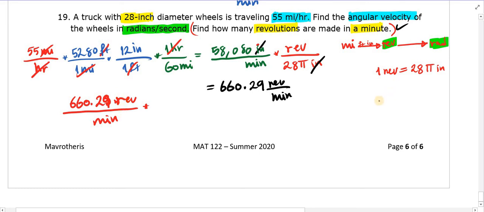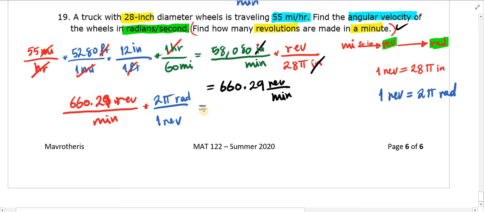So the question is, how many radians are in 1 revolution? I know in 1 revolution there are 2 pi radians. So I'm going to say in 1 revolution, 2 pi radians.